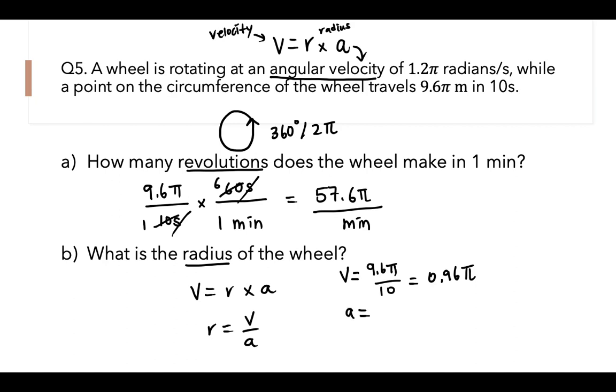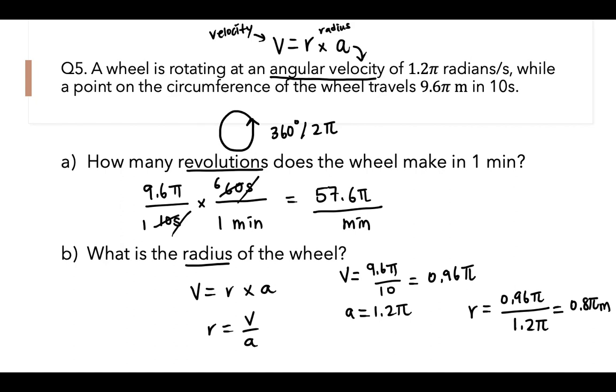And angular velocity is 1.2 pi radian per second. They're both in seconds, which is perfect. So therefore, radius is going to be 0.96 pi over 1.2 pi, which is equal to 0.8 meter.